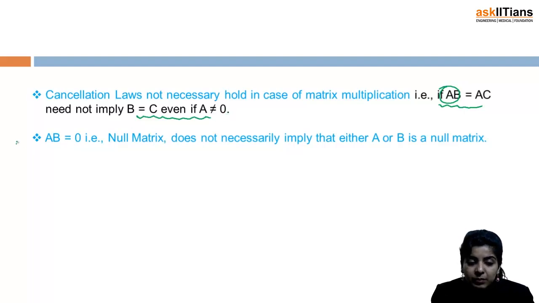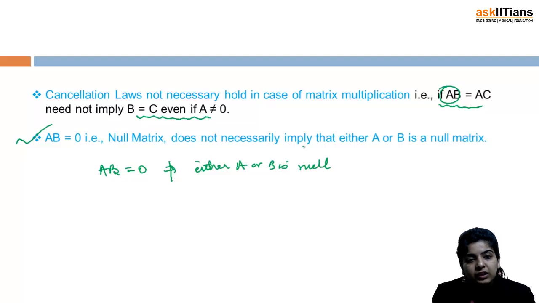So if AB is equal to 0, that is the null matrix, does not necessarily imply that either A or B is a null matrix. Suppose I have the matrix AB equal to 0, right? That need not imply that either A or B is null. You can have a situation where neither of them is null, and even then we get the product AB as a null matrix.